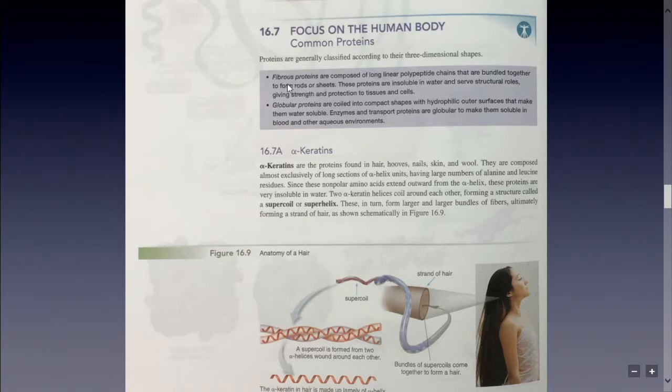The literal structure of the fibrous proteins makes them good for structure. The structure of the globular proteins makes them good for functioning, for making them do something. So their function is to do something, like act as an enzyme or act as a key or act as a lock.